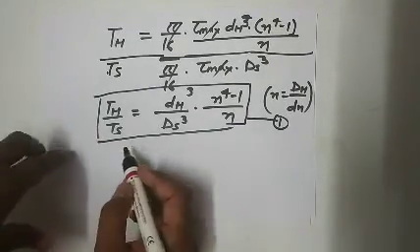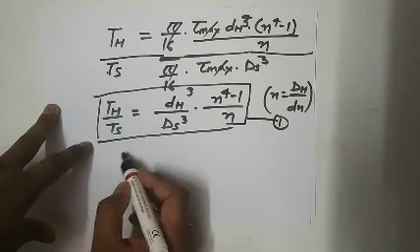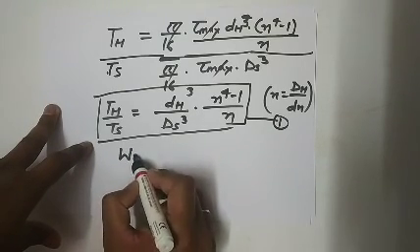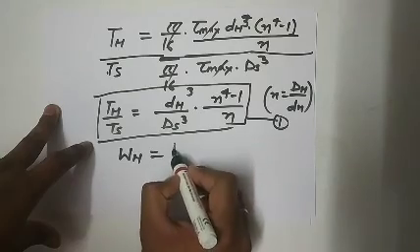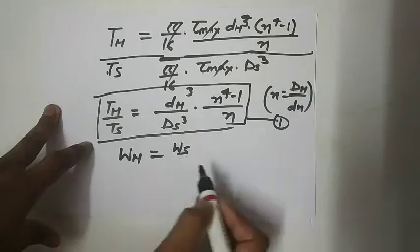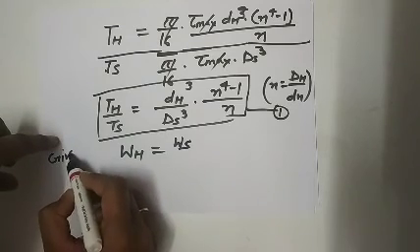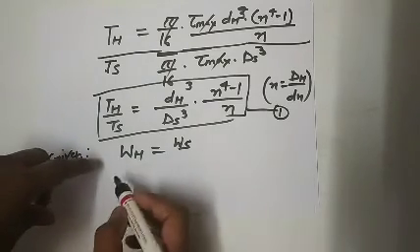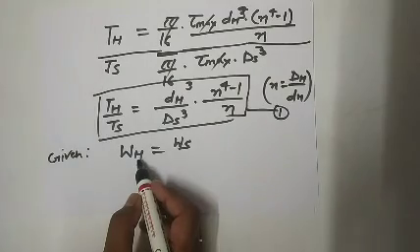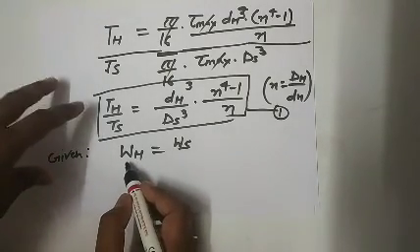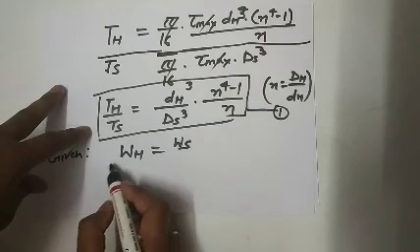Now we assume that condition given is weight of hollow shaft is equal to weight of solid shaft. Right? This is given. So weight W is equal to m into g, mass into gravity, and mass is equal to rho into volume.